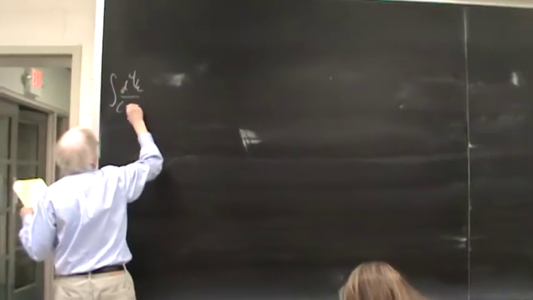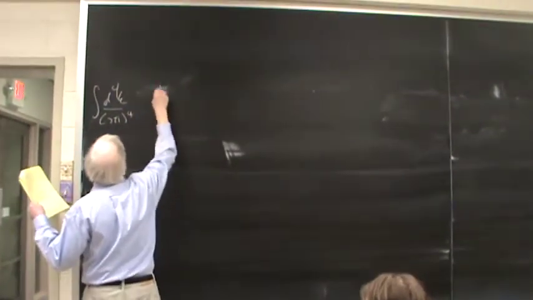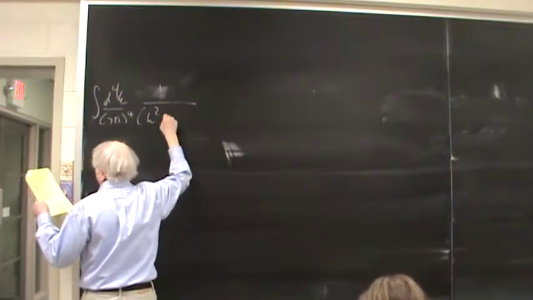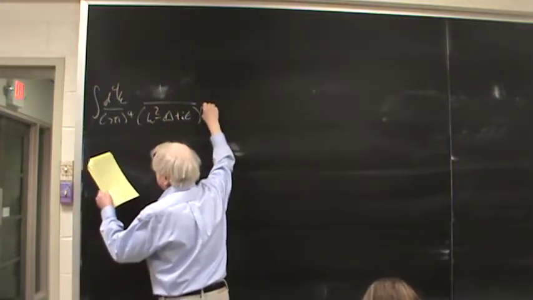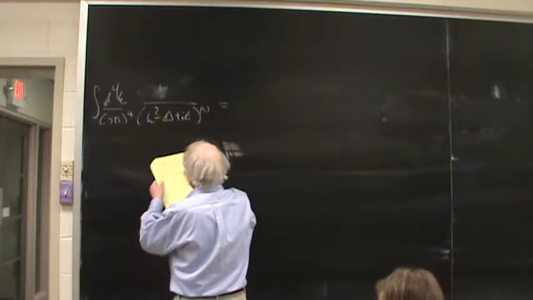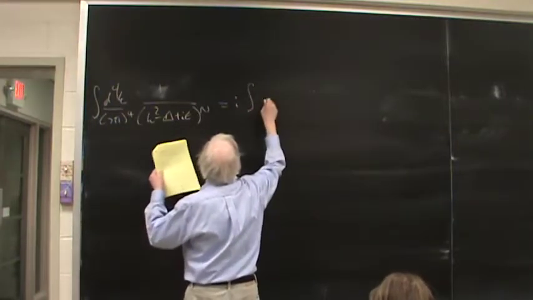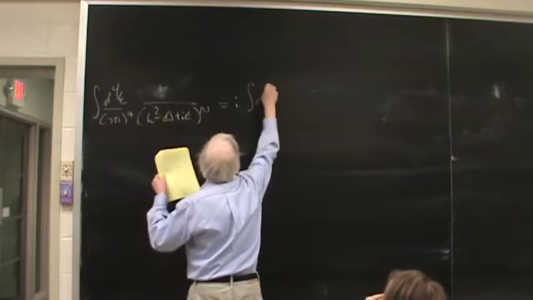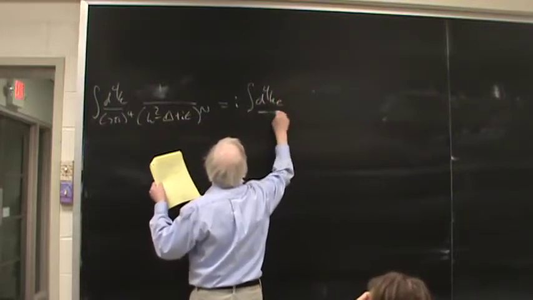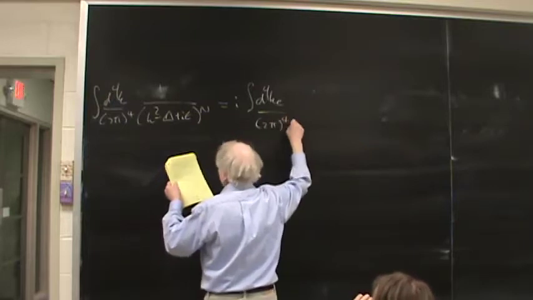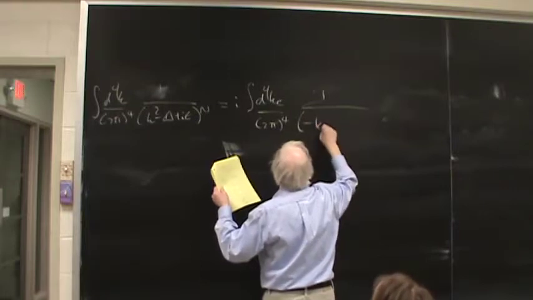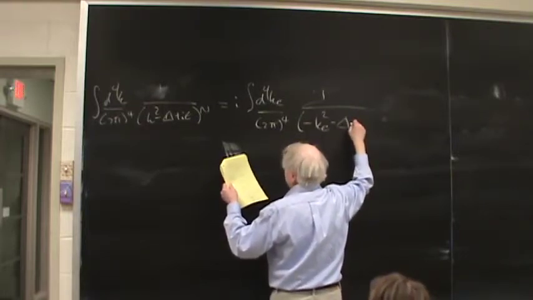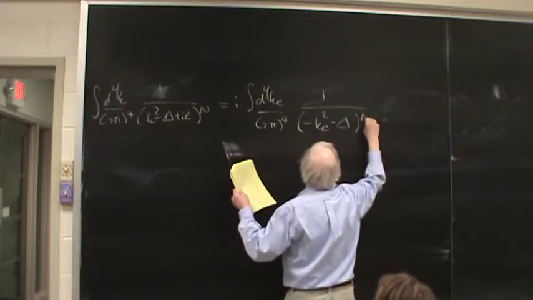So what is this thing then? It's the integral d4k over 2 pi to the 4th, 1 over k squared minus delta plus i epsilon to the n, is equal to i times the integral, let us call that d4k Euclidean, where now this thing is 1 over minus k Euclidean squared minus delta, and the i epsilon we don't need anymore.